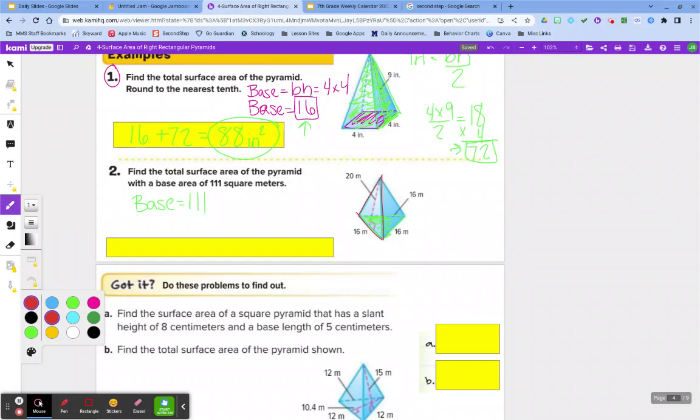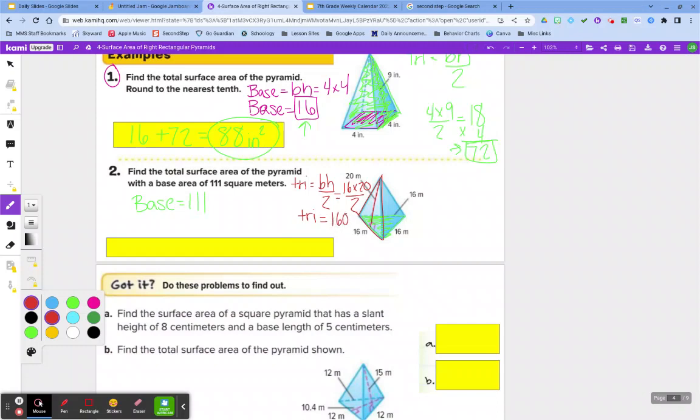So once again, for the triangle, we need base times height, and we're going to divide that by 2. The base is 16 times the height, which is 20. And since it's a triangle, we divide that by 2.